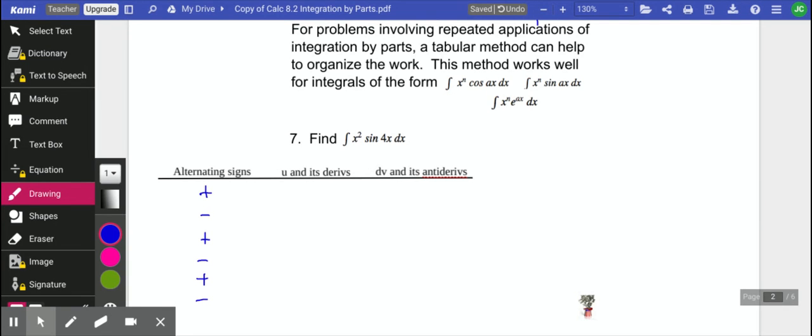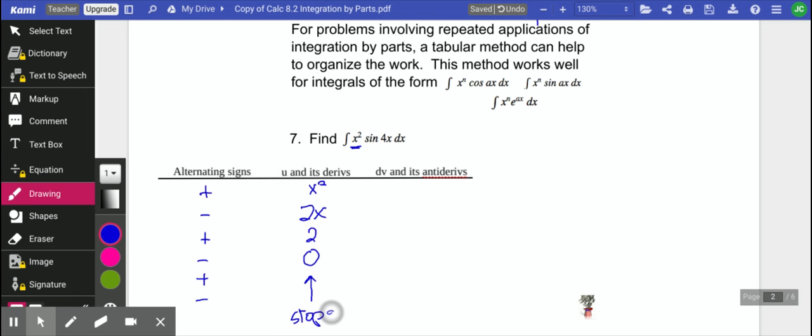Then the next column is u and its derivatives. Remember, use the part of it that gets simpler. So in this problem, u is going to be x squared. Then we take the derivative of x squared, which is 2x. We take the derivative of that, which is 2. Then we take the derivative of that, which is 0. And that's when we stop.